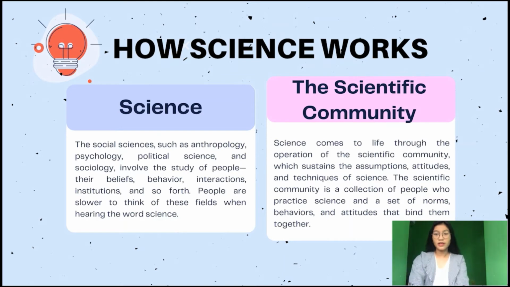The social sciences, such as anthropology, psychology, political science, and sociology, involve the study of people, their beliefs, behavior, interaction, institutions, and so forth. People are slower to think of these fields when hearing the word science. Science is a social institution and a way to produce knowledge.